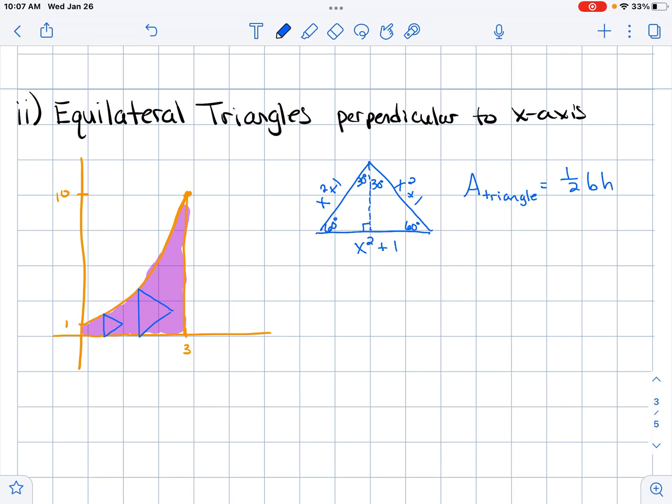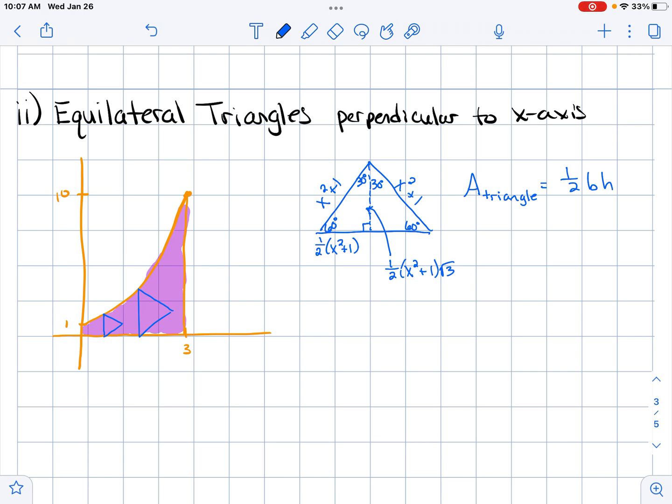Well, we know quite a bit about a 30, 60, 90 triangle. First of all, when I split that down the middle, this part of this 30, 60, 90 is half of x squared plus 1. Because this is a 30, 60, 90 triangle, the height is the side opposite 30 times the square root of 3.